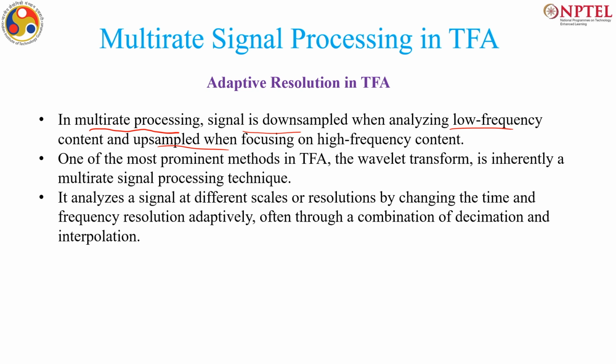This method is the fundamental basis for studying the wavelet transforms, and using multi-rate or multi-resolution, as it is sometimes called in case of images, helps to analyze the signal very nicely. So, we will understand what multi-rate signal processing is in our next topic.